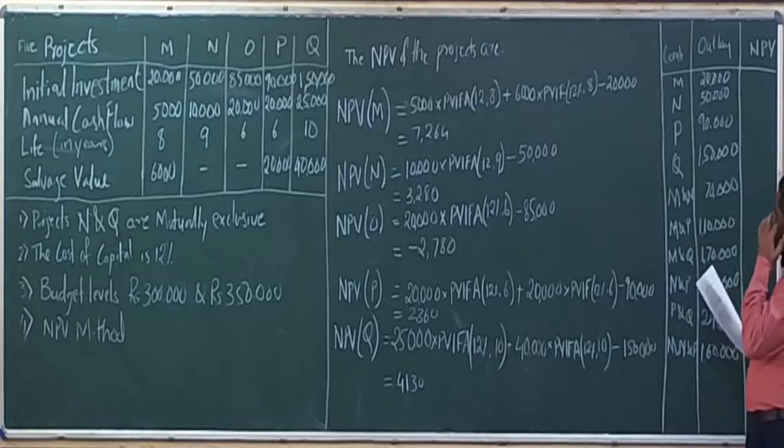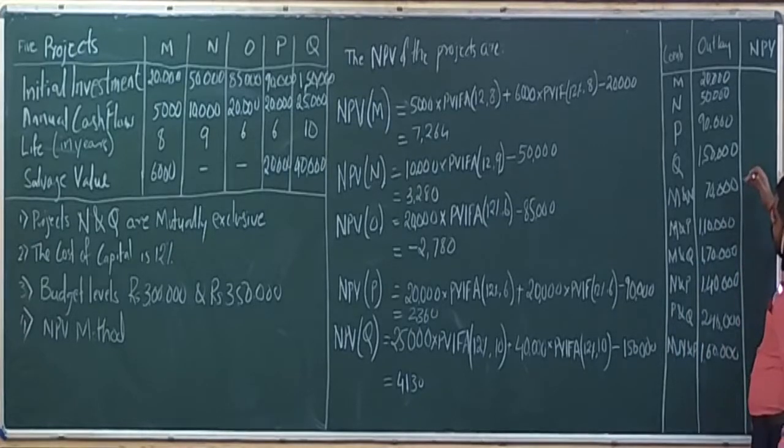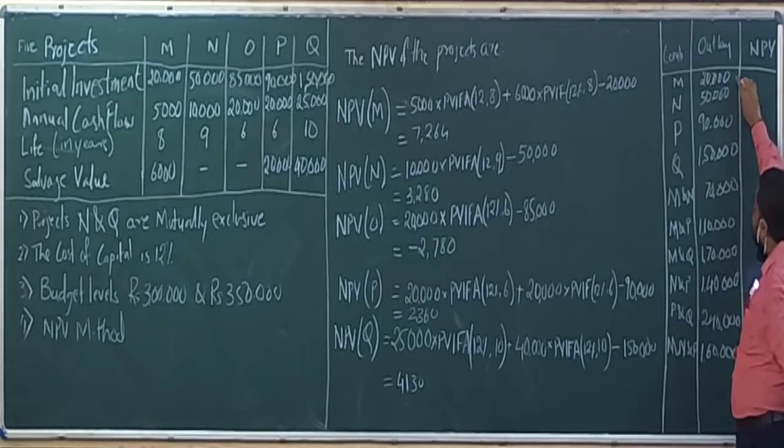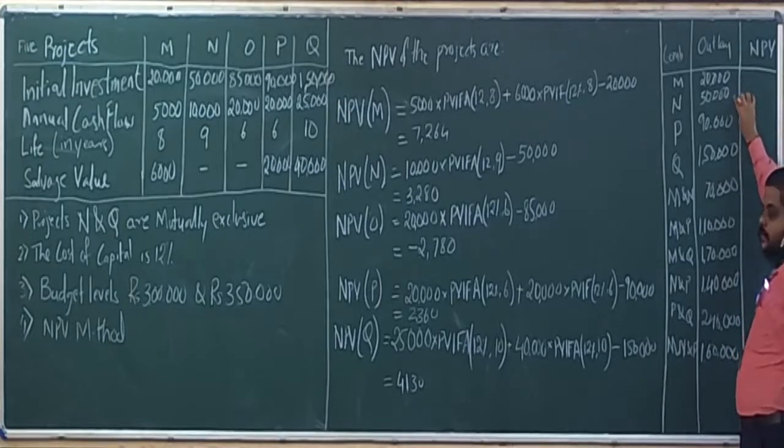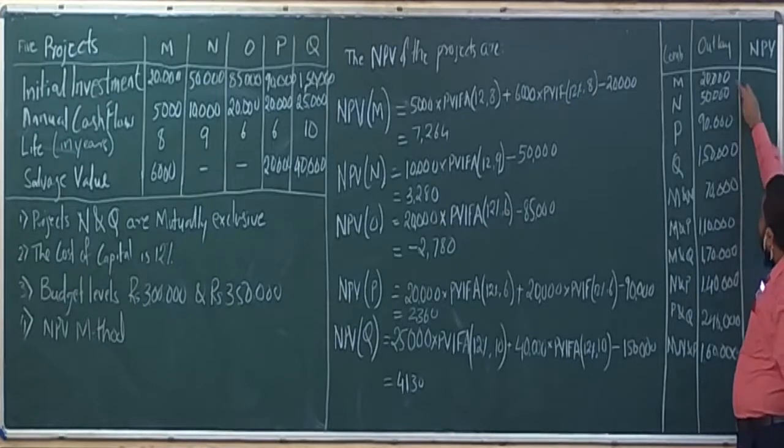So how did I get the outlay for M and N? You just need to pick up the outlay of M and N. M's outlay is 20,000 and N's outlay is 50,000. Add both of these two values, 20,000 plus 50,000, you will get 70,000. Similarly, M and P outlays: 20,000 plus 90,000, so you will get 1,10,000.